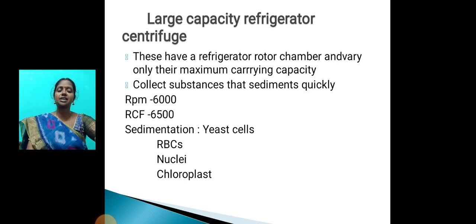They collect substances that sediment quickly, much more quickly compared to the small bench centrifuge. RPM is 6000 and RCF is 6500. The sedimented materials are yeast cells, RBC, nuclei and chloroplasts.